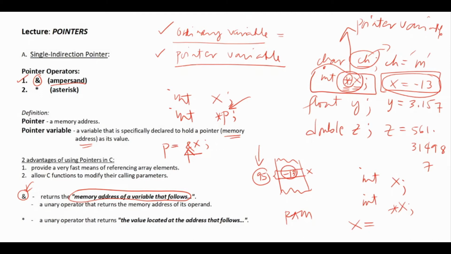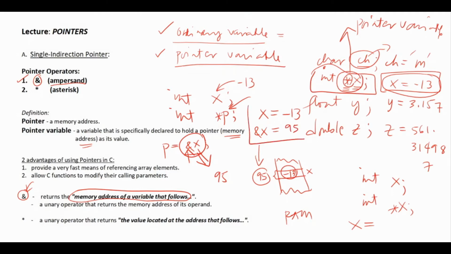So say x is located at memory address 95 and this has a value negative 13, then this expression has a value 95. So if you are referring to x only, the value is negative 13. But if you are referring to ampersand x, it means memory address of x, and that refers to 95.